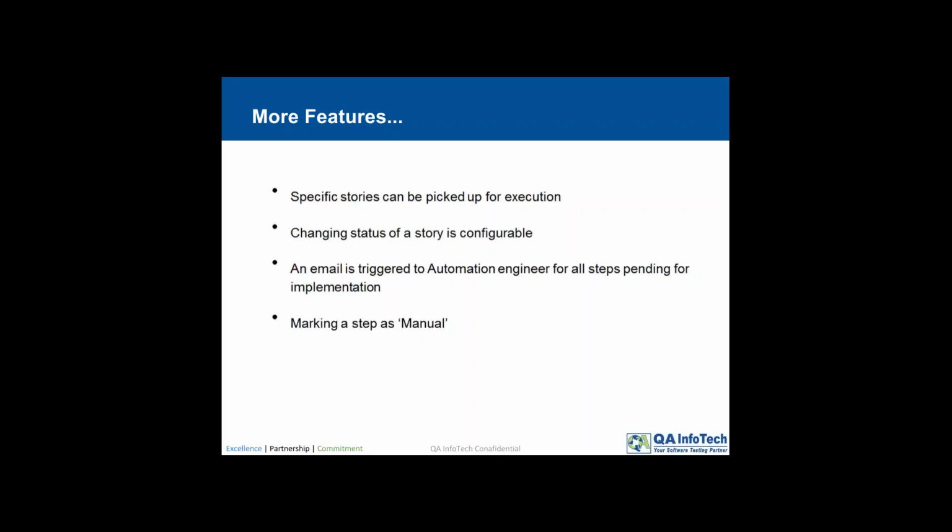We have also come up with a strategy to leave out automated execution of a step that needs to be tested manually. The framework has the capability to read a tag, something like manual, in each story, which could be placed against any step, and skip executing that particular step. But the execution doesn't end here.